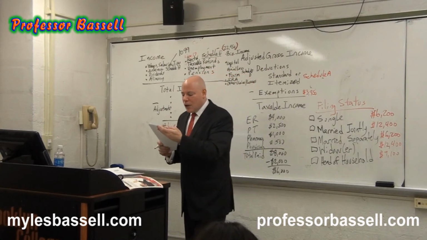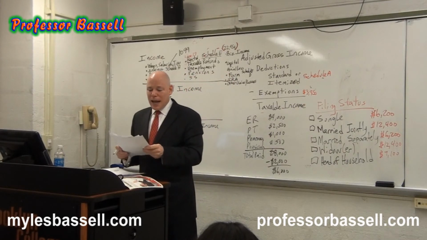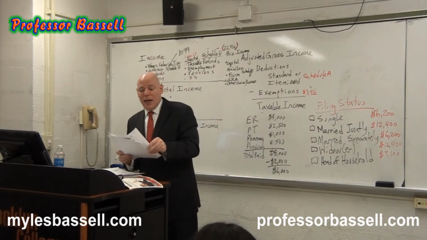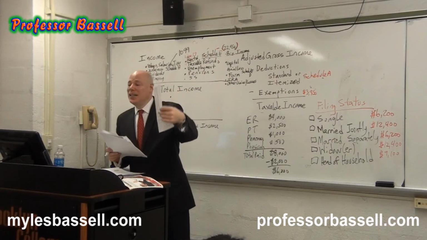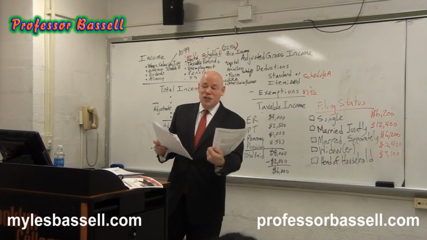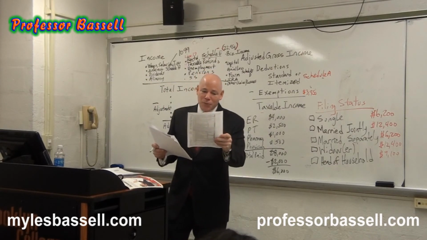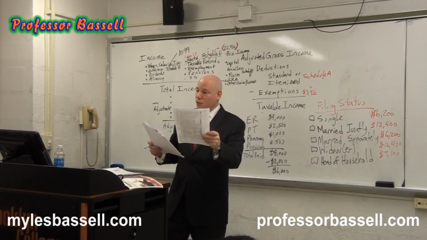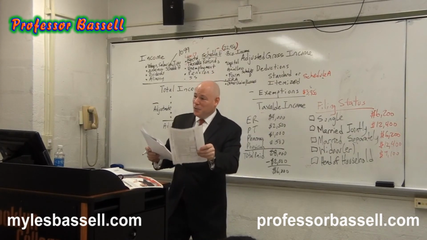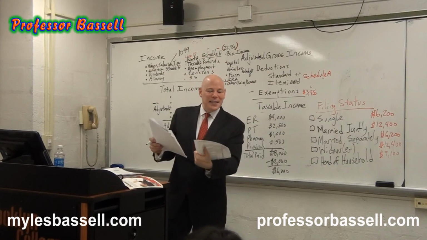So for line 2, now what is line 38? Line 38 is on the back of the 1040, and that first line on the back is your AGI. The bottom line of the front side is the AGI, and on the second side they just put it at the top of the page.